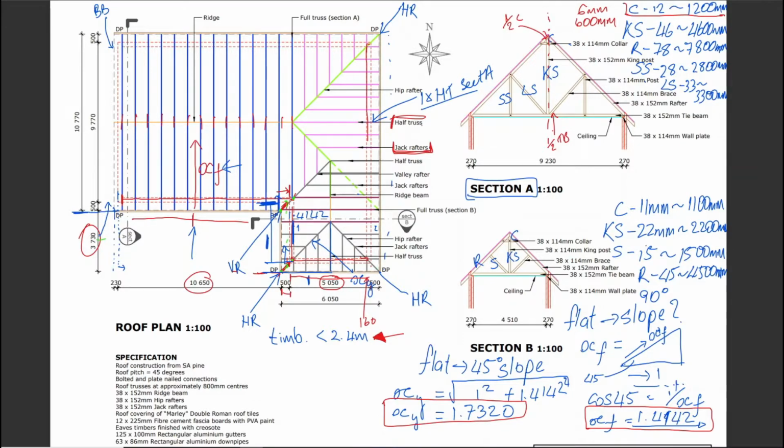So the story with the jack rafters is that, and I made a mistake in a previous video, you're taking this length of a full rafter and you're saying 1, 2, 3, 4, 5, 6. So you're saying there are 6 dividers, but there are actually 7 spaces.